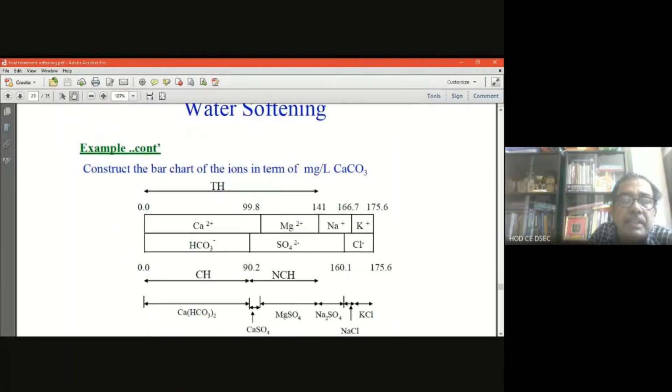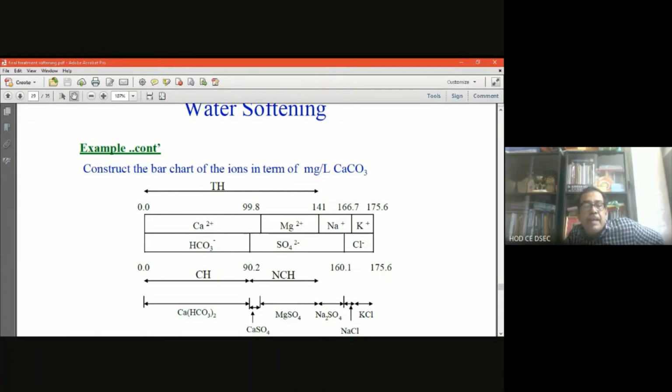Now the bar chart which has been constructed. From that bar chart, it is very clearly shown that at the upper level of the bar we have indicated the cations, mostly calcium, magnesium, sodium, potassium. Since the hardness is due to the calcium and magnesium ions, up to the magnesium bar mark, that is 141, is the total hardness.